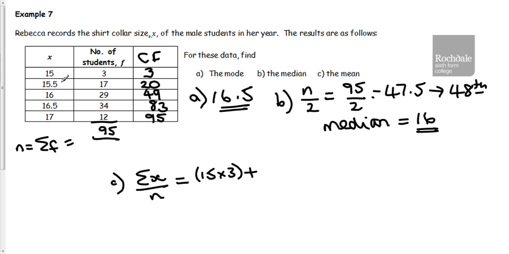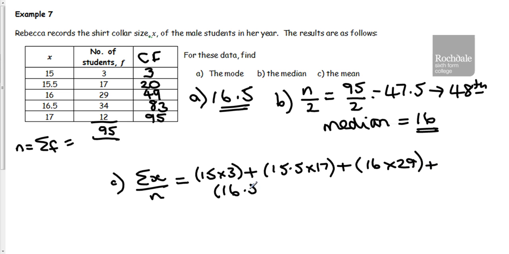I know we've got 15 and a half 17 times. And if I keep going, we've got 16 29 times. We've got 16 and a half 34 times, and we've got 17 12 times.